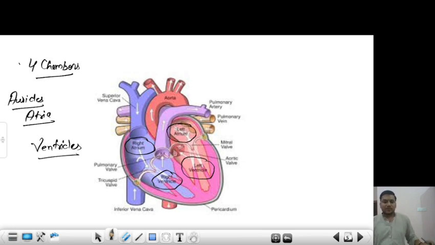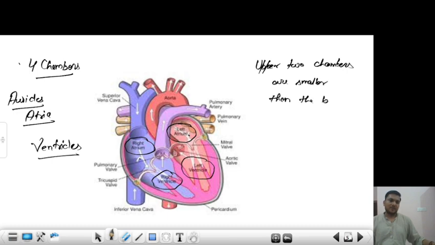So if you compare these on the basis of size, the upper two chambers are relatively smaller than the lower ones.